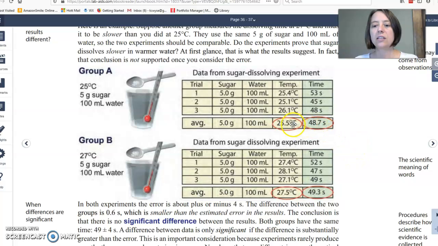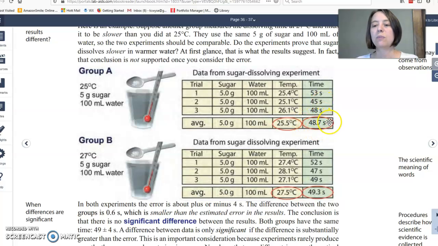We see that the temperature was raised by 2 degrees, and that the time to dissolve was raised by 0.6 seconds. So what is the uncertainty with our measurements? You can see that there's actually a wide range of times.